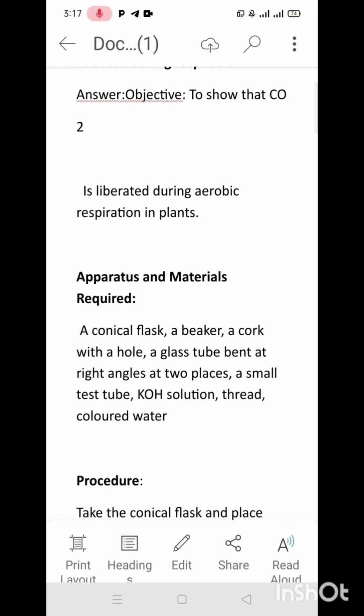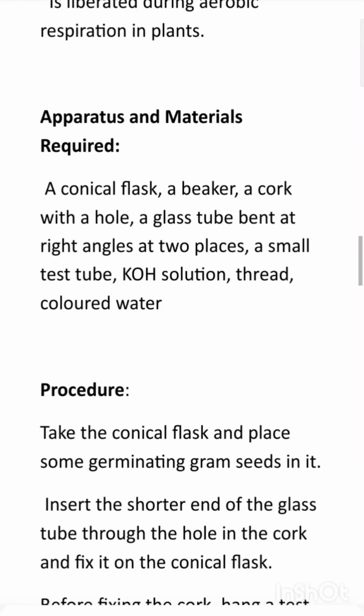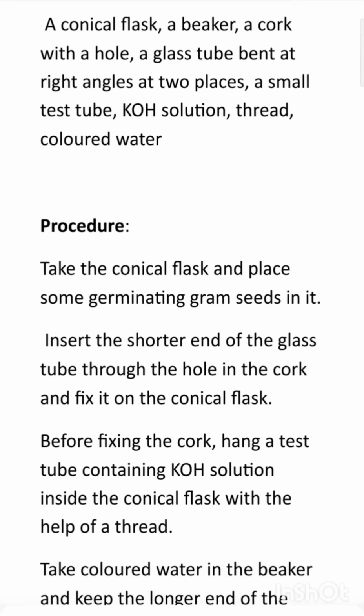Apparatus and material required: a conical flask, a beaker, a cork with a hole, a glass tube bent at right angles at two places, a small test tube, potassium hydroxide solution, thread, and colored water.